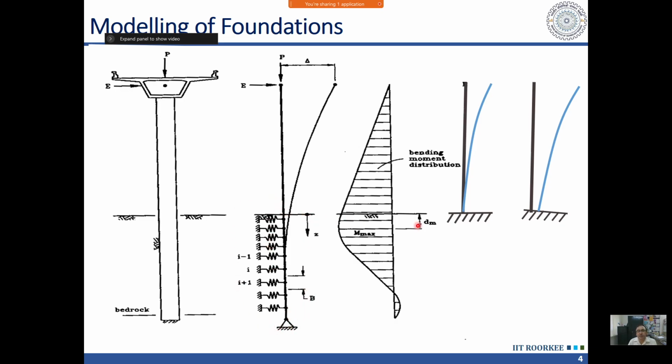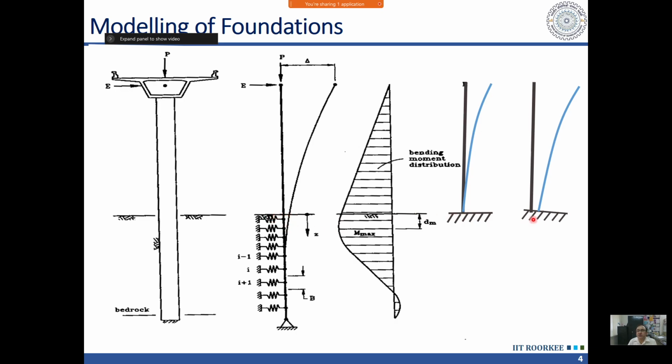Now when we are doing simplifications, what simplification do we make? We can assume the pier to be fixed at the top of the foundation. So in this simplification we are assuming the pier to be fixed. What approximation, what error are we making? The deformation, which is the displacement taking place at the top of the pile, is not simulated here.